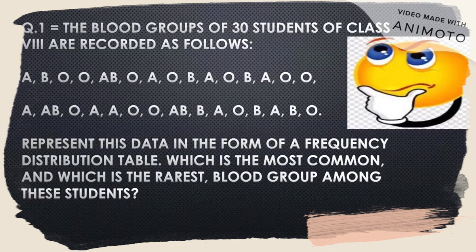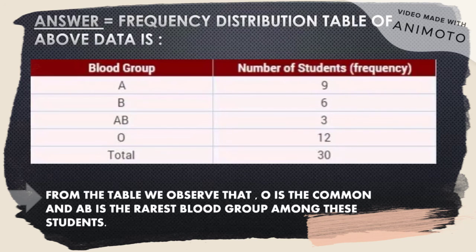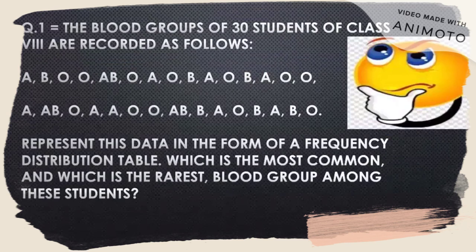The next part is: which is the most common and which is the rarest blood group among these students? First we will make the frequency distribution table, then we will be able to find the most common and rarest blood group.